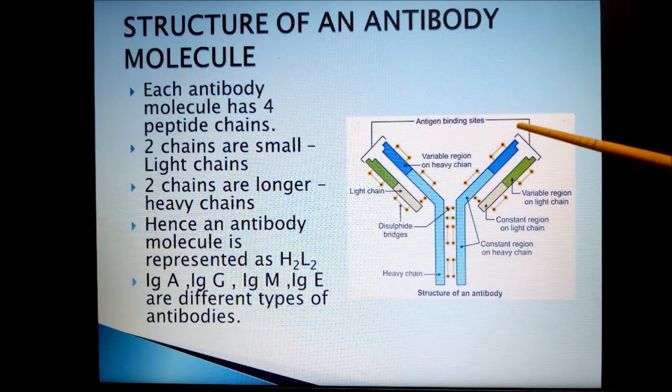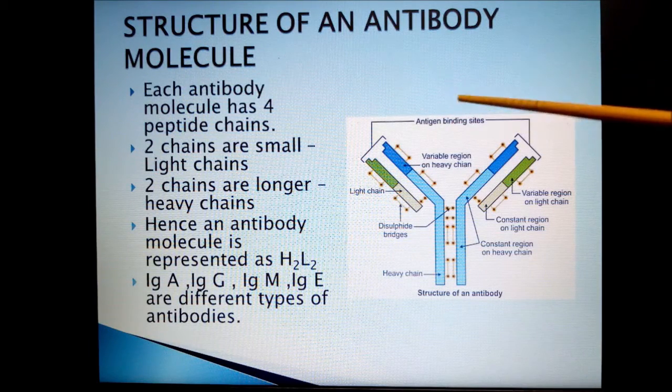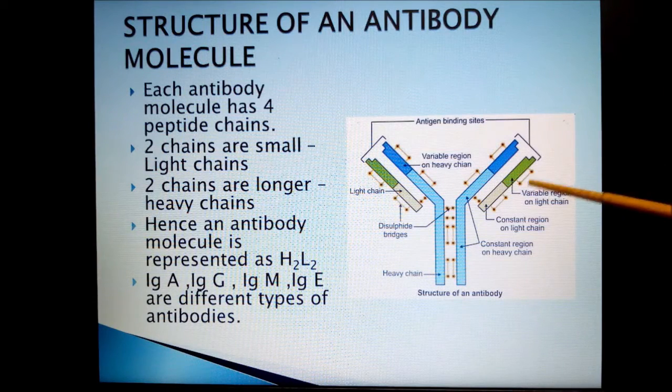And in this variable region, the antigen molecule binds. It is mentioned there that antigen binding sites are there. The disulfide bridges, you can see along this molecular structure, are present.